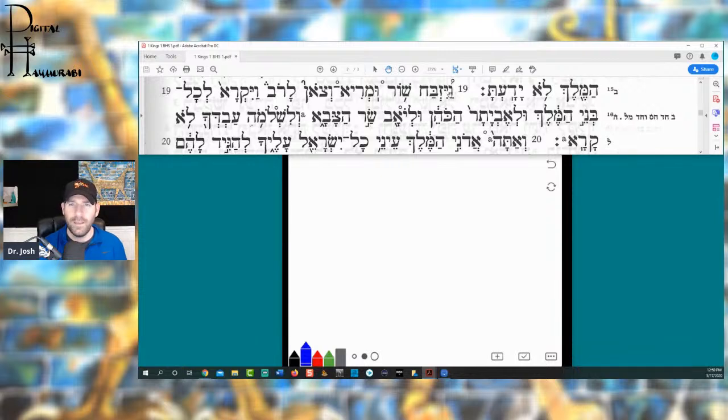So it's continuing on the idea here, the sentence here. And he has sacrificed bulls or oxen and fatted calves and sheep, not cattle. What am I blanking on?